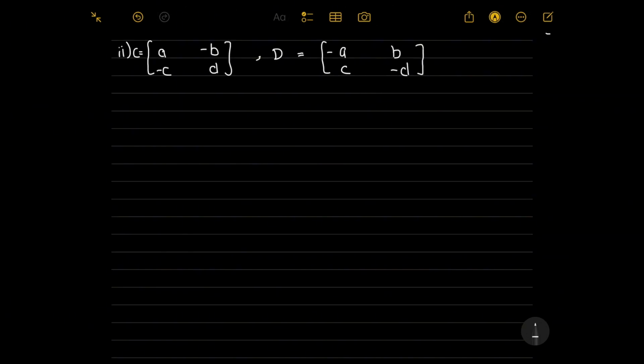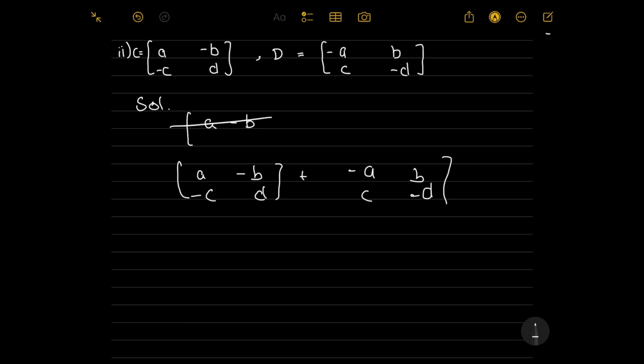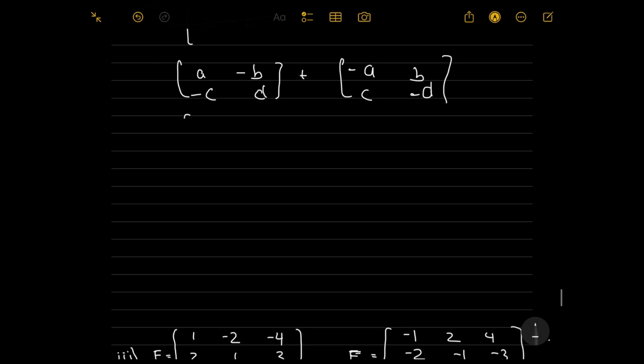Part 2 is with square matrices. So A, let's just simply add minus B. Oh, sorry. Okay, so A, then minus B, minus C and D, plus minus A, B, C, minus D. Add these both and you'd get a null matrix.